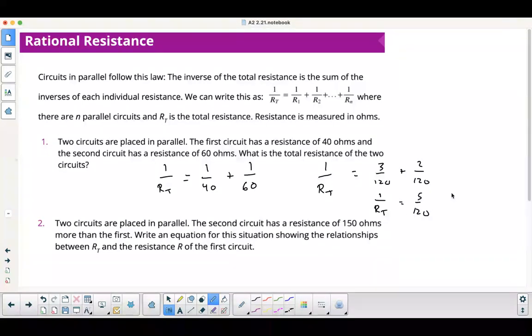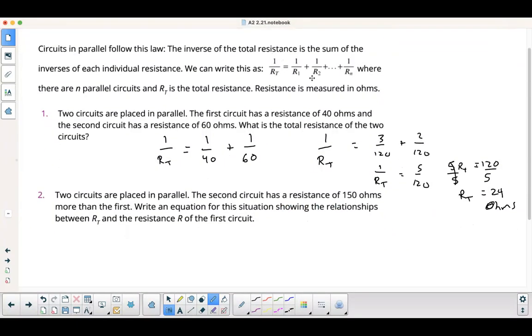And then I can cross multiply and I get 5 times your resistance total equals 120, divide by 5, divide by 5, and I get my resistance total equals 24. 24 what? It's ohms. That's a unit for measuring energy.